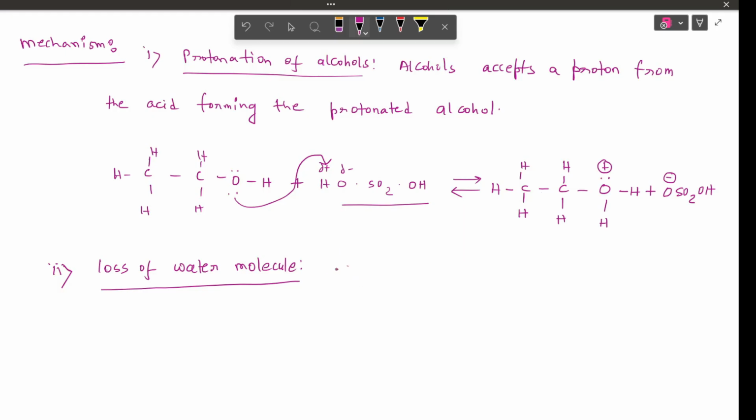So we have H, CH, H, CH2, then O with the lone pair, H and H, with a positive charge because it has given one lone pair.